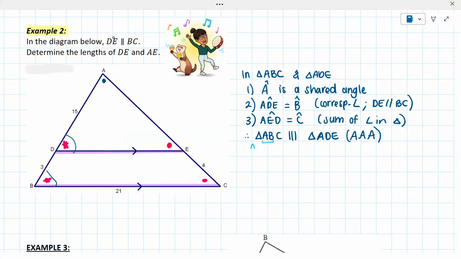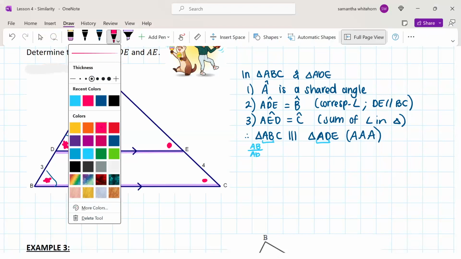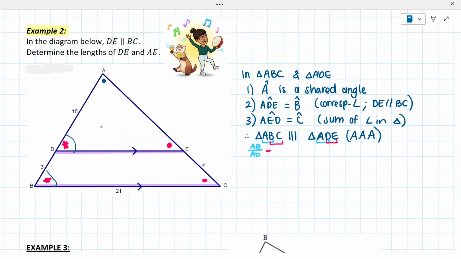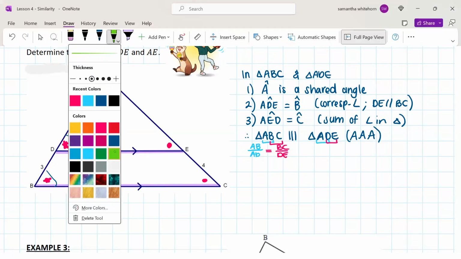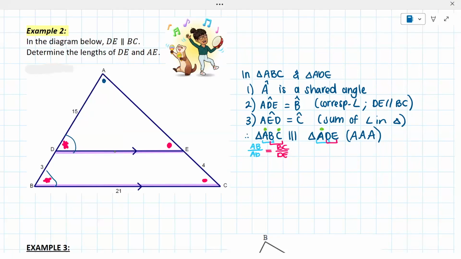So first two, AB over AD. AB corresponds with the next two, so BC over DE, which corresponds with the first and the last, AC and AE.